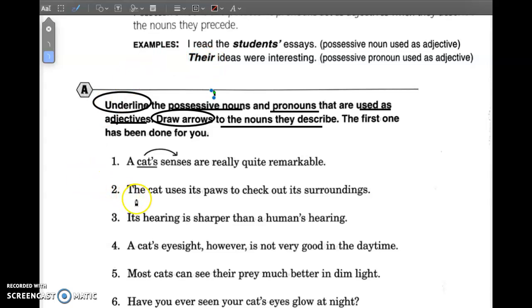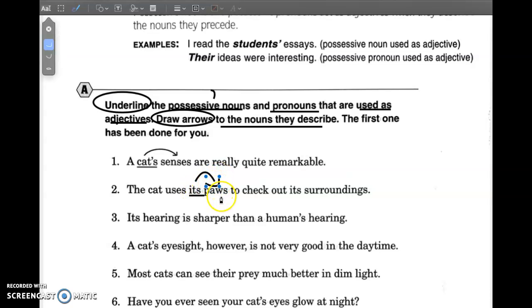Take a look at number 2, for example. The cat uses its paws to check out its surroundings. Okay, in this case, what is owning something? What is possessing something here? There are two things. If one of them you said was it is owning its paws, you are absolutely right.